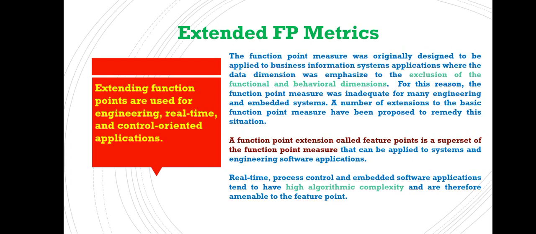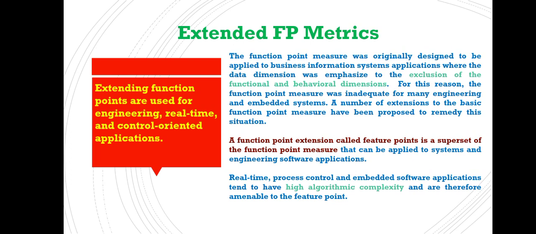The function point measure was originally designed to be applied to business information system applications, where the data was emphasized to the exclusion of the functional and behavioral dimensions. For this reason, the function point measure was inadequate for many engineering and embedded systems. A number of extensions to the basic function point measure have been proposed to remedy this.